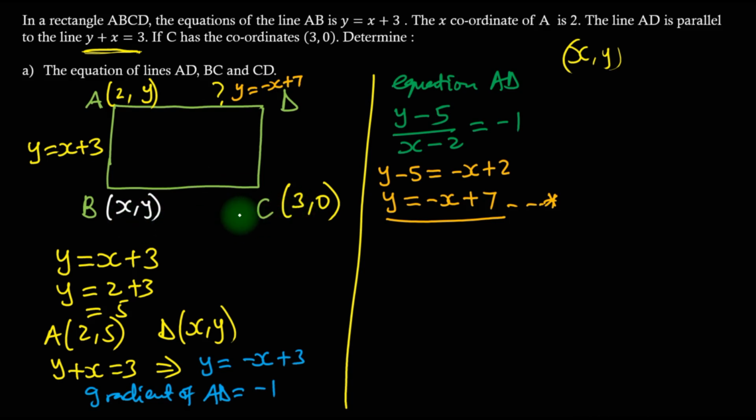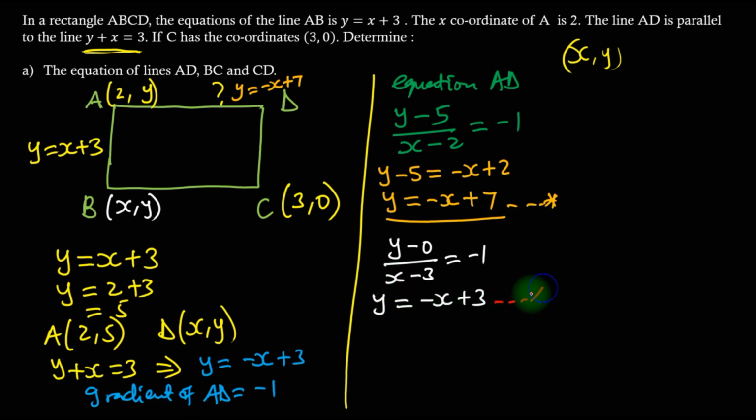Therefore, change in y over change in x, that means y minus 0 over x minus 3 is equal to minus 1. This will be y equals minus x plus 3. So this is the equation for line BC, and this one was for AD.